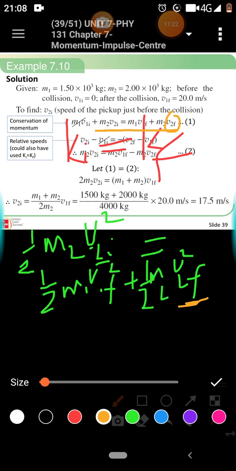After squaring it, we come back here, substitute, and then multiply. But before we even do that, let's simply cancel the halves because they are common. Cancel the halves, and then let's go from there.